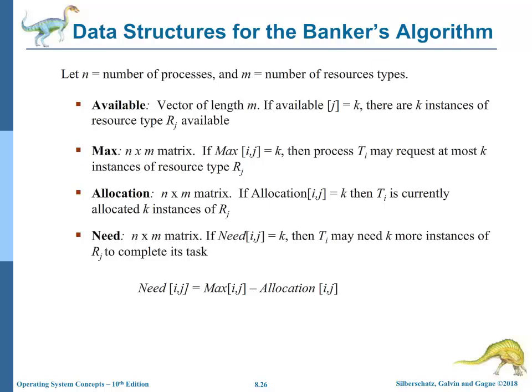Max is a 2D array of size n × m that defines the maximum demand of each thread in a system. Max[i][j] = k means thread Ti may request at most k instances of resource type Rj.